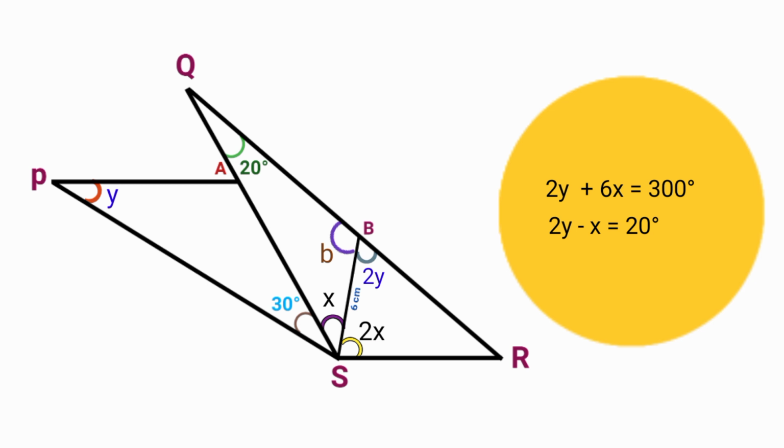The next step is to subtract the second equation from the first equation. So here 2y minus 2y is 0, plus 6x minus x is 7x, because minus times minus is plus, and 300 minus 20 is 280.